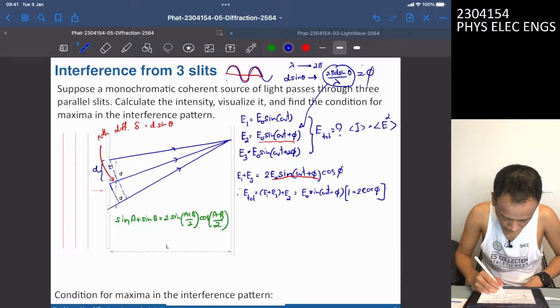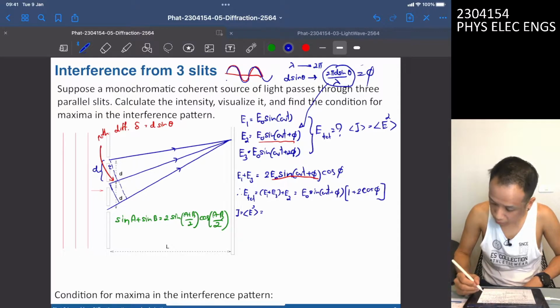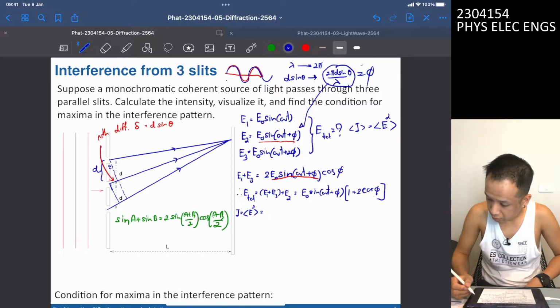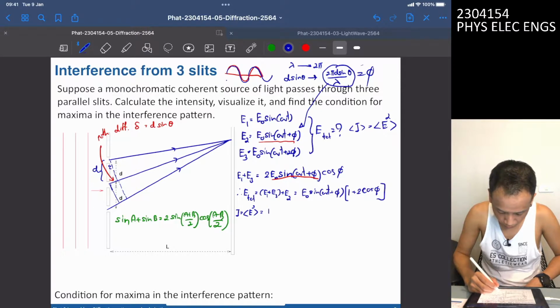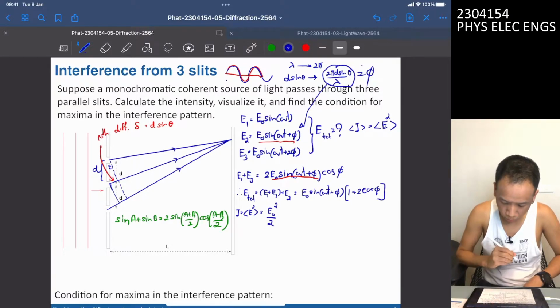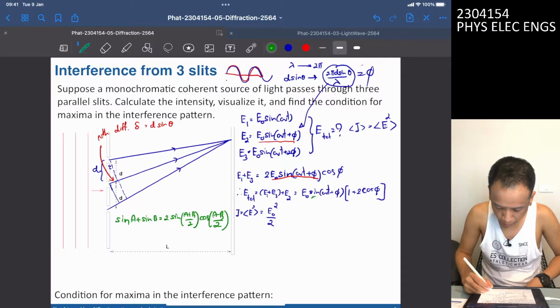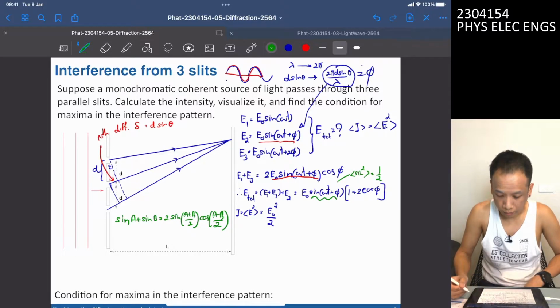So I, which is the expectation of the E square, you're going to get E0 square divided by 2, because the expectation of the average of the sine square becomes half, right?